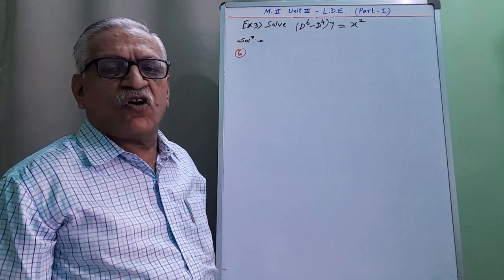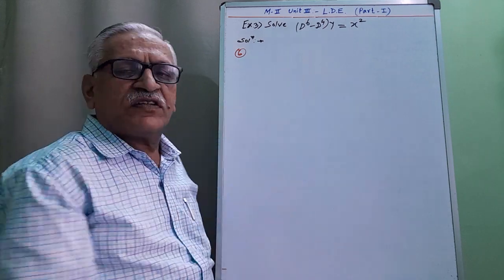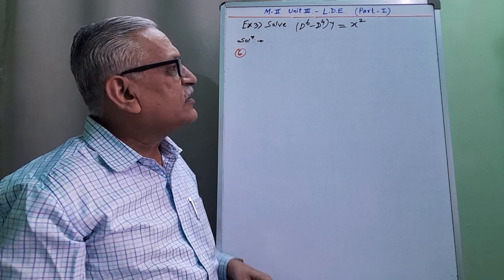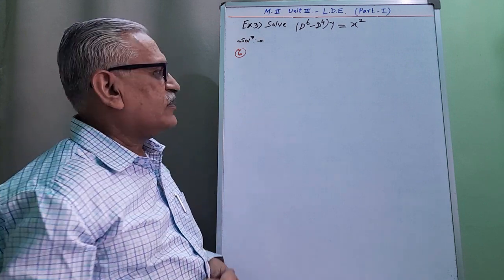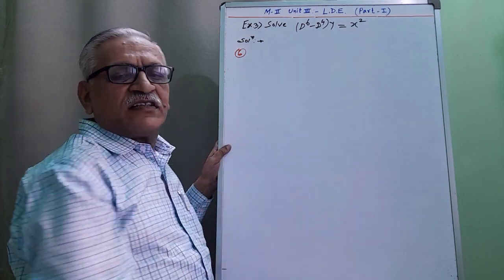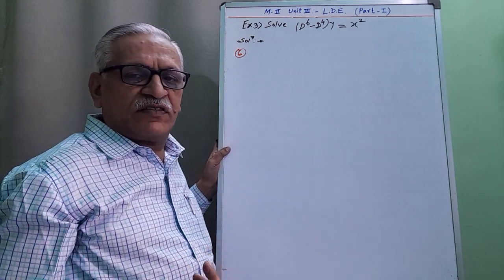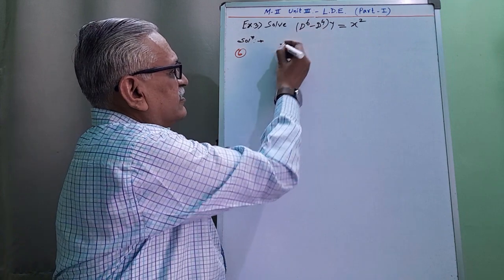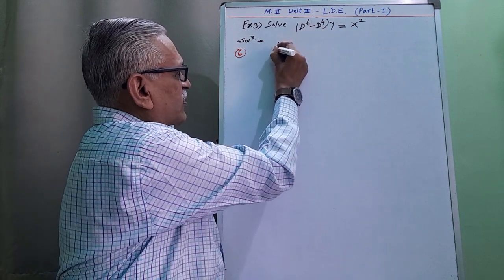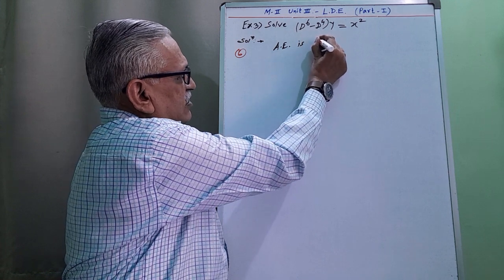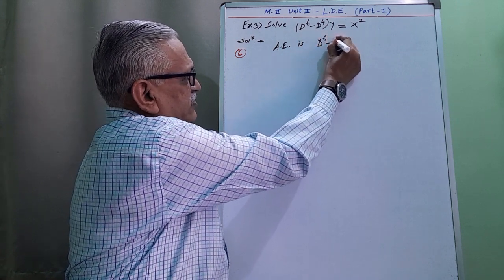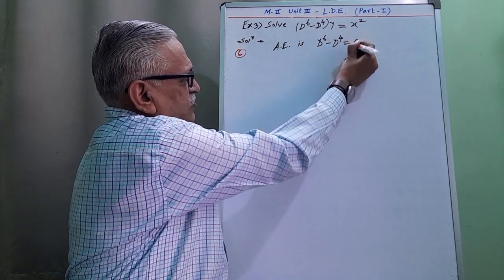Third example, solve the linear differential equation D raised to 6 minus D raised to 4 into y is equal to x square. If you see the right hand side term, it is of the type x raised to m. Then first finding the CF, the auxiliary equation is D raised to 6 minus D raised to 4 equals 0.